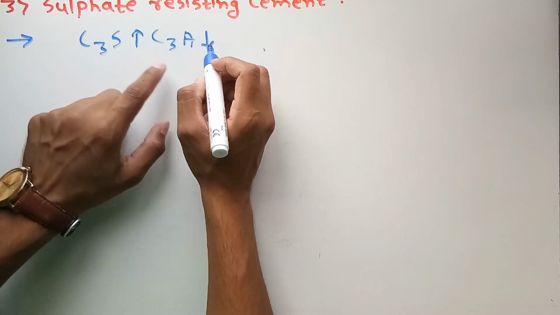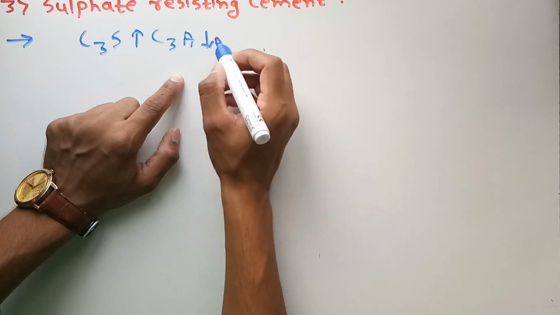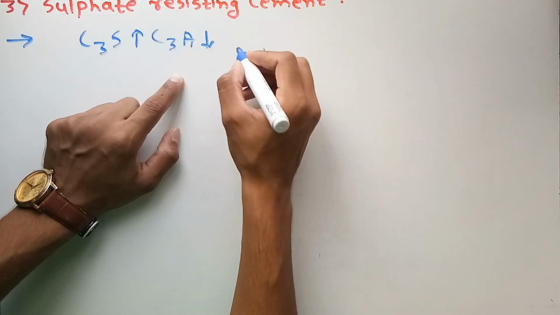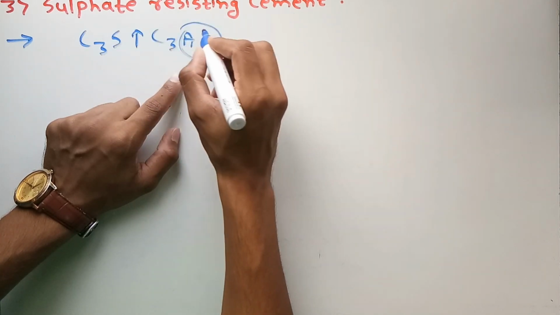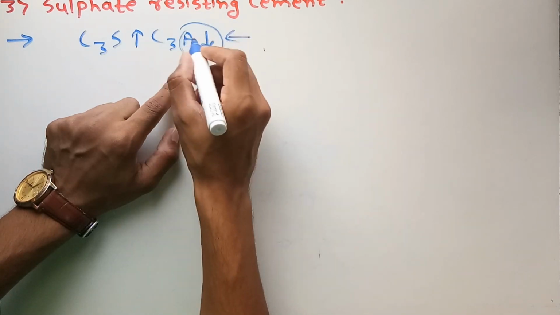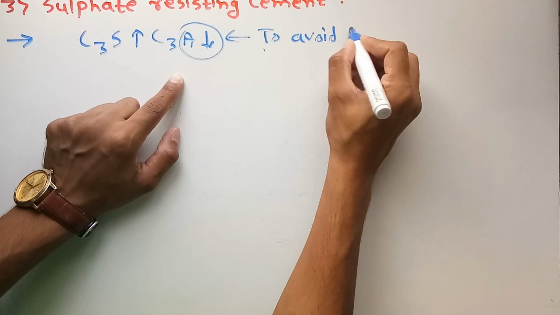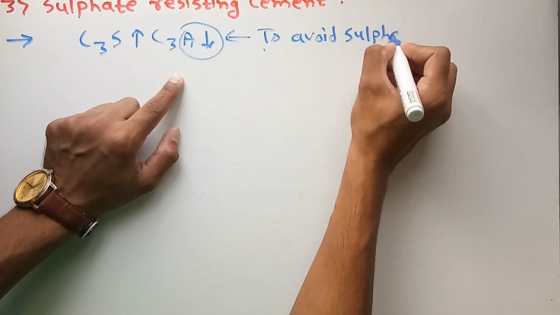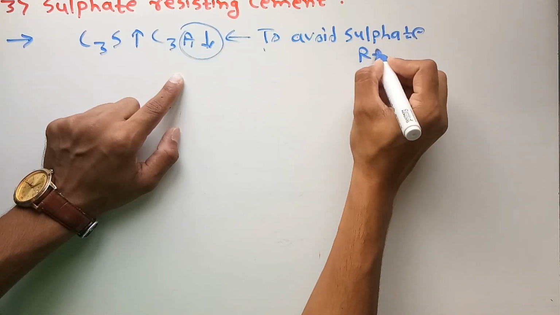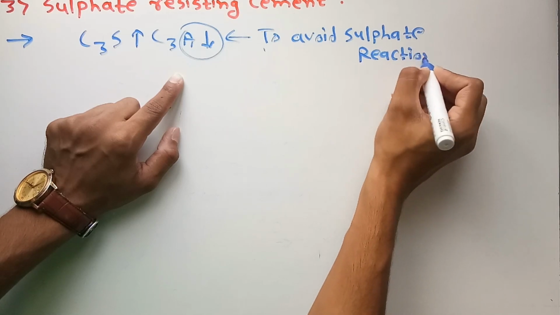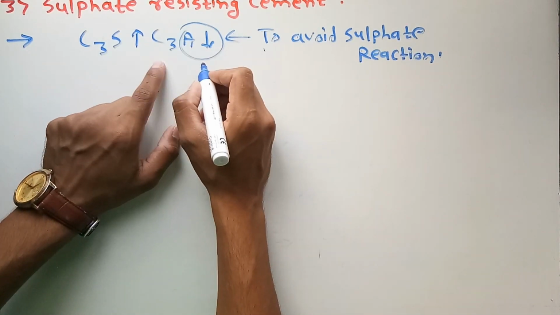The reason for keeping aluminates in the less quantity is to avoid the sulfate reactions. So this is about the Bogue compound arrangement.